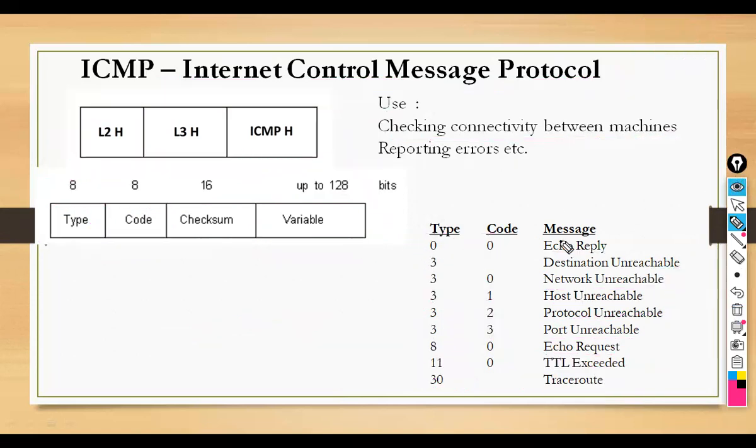No need to memorize these things, just understand. Go with echo reply and echo request, those two. Usually they are not going to ask you like this, but you can understand this packet structure.